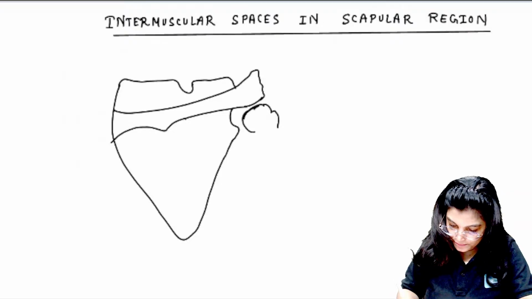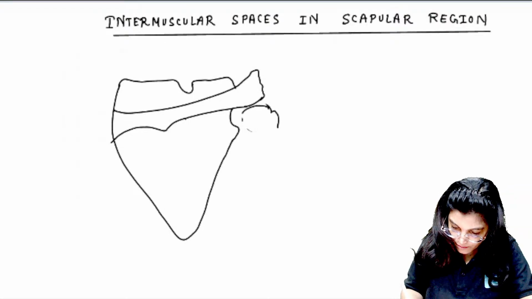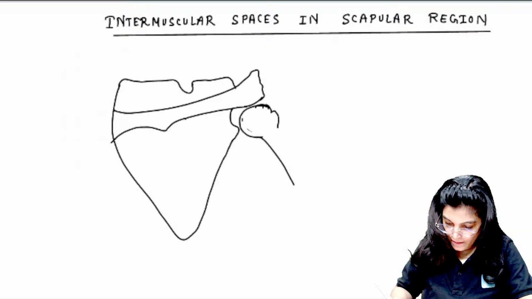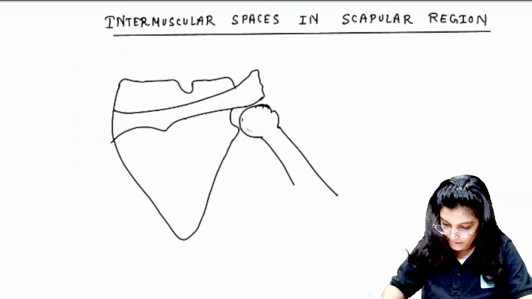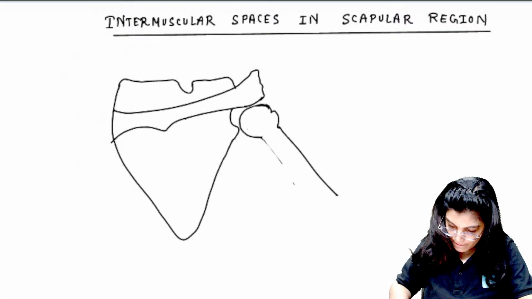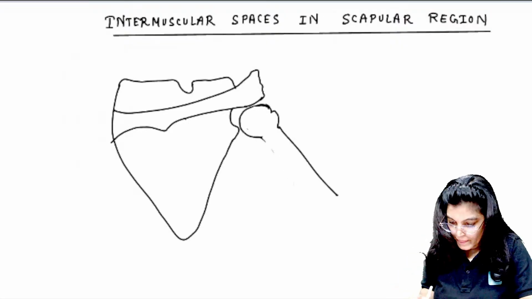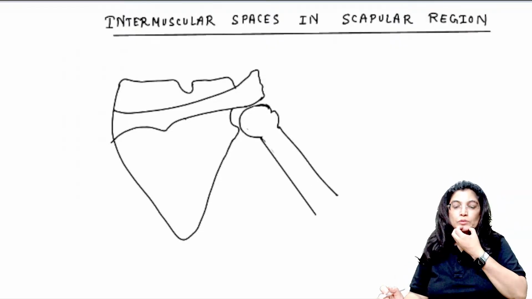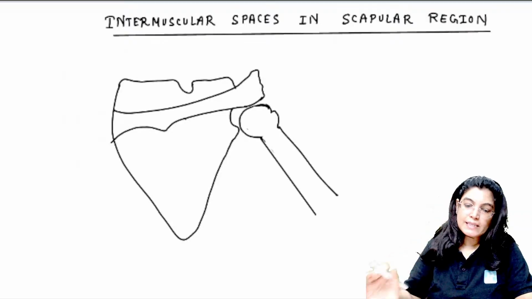Just an outline. Okay, humerus bone. This is again a schematic diagram.